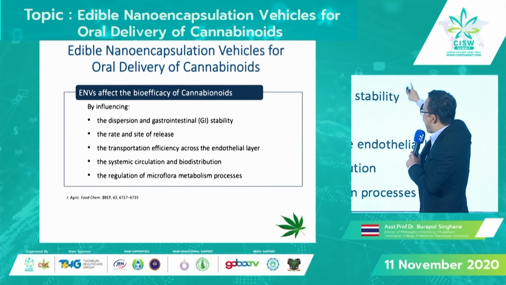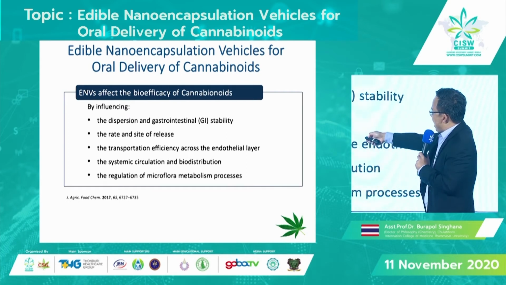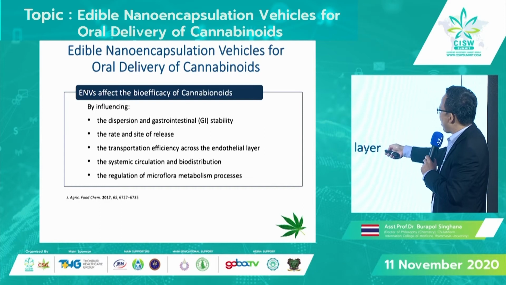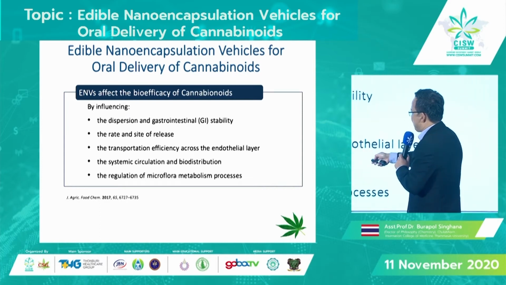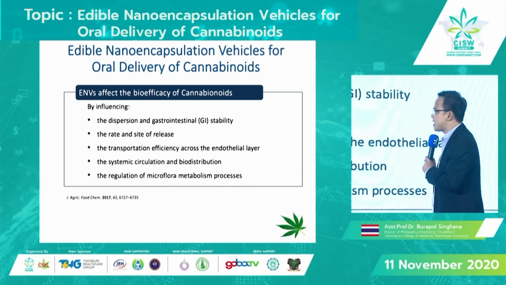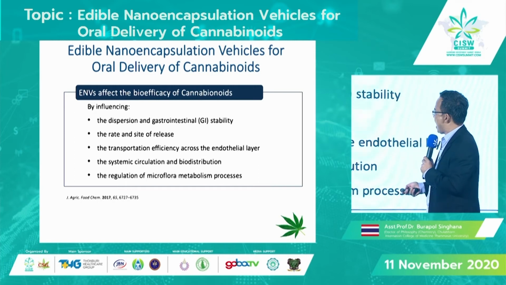So when we do that, innovative nanoparticle or nanoencapsulation vehicles affect the bioefficacy of cannabinoids by influencing the disposition and gastrointestinal (GI) stability. They influence the state, the rate and the size of release.